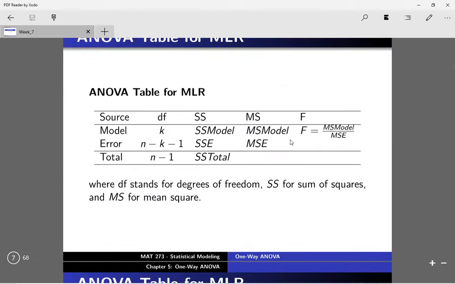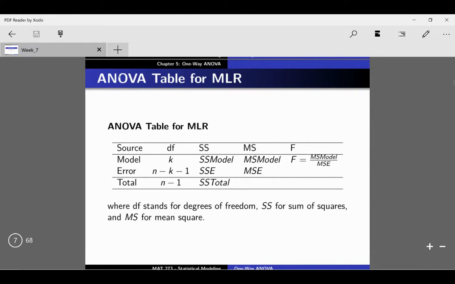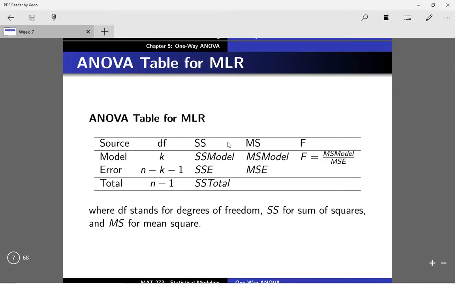Oh, and as a quick reminder, sorry about that. As a quick reminder, we can calculate a lot of values from each other using this table.